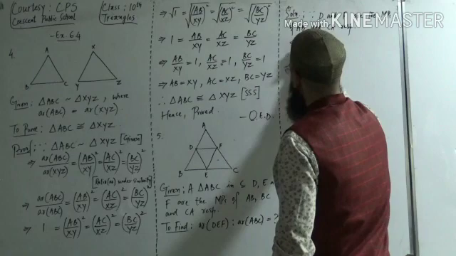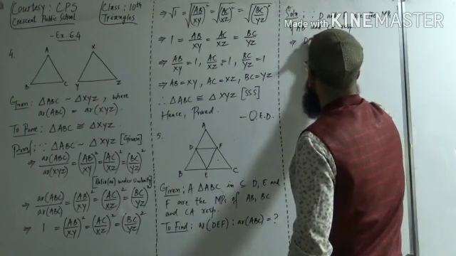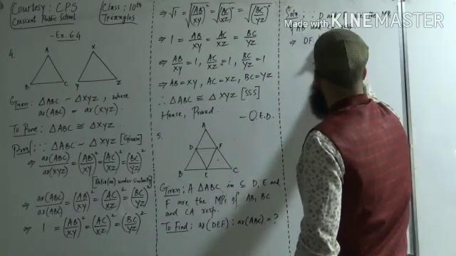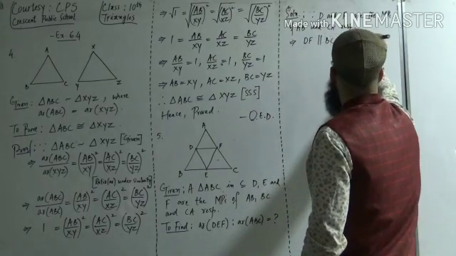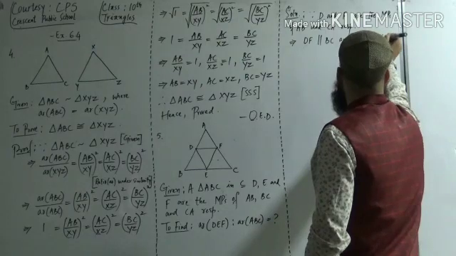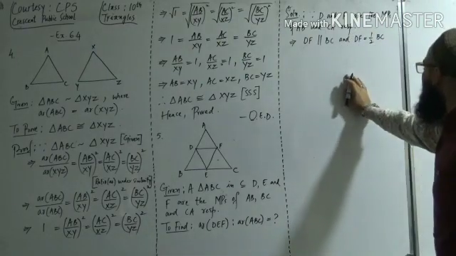Which implies that DF is parallel to BC and DF is equal to half of BC. You got it?